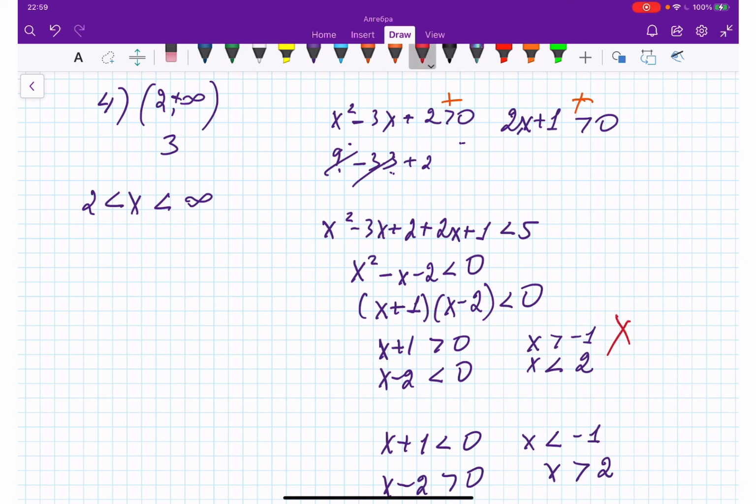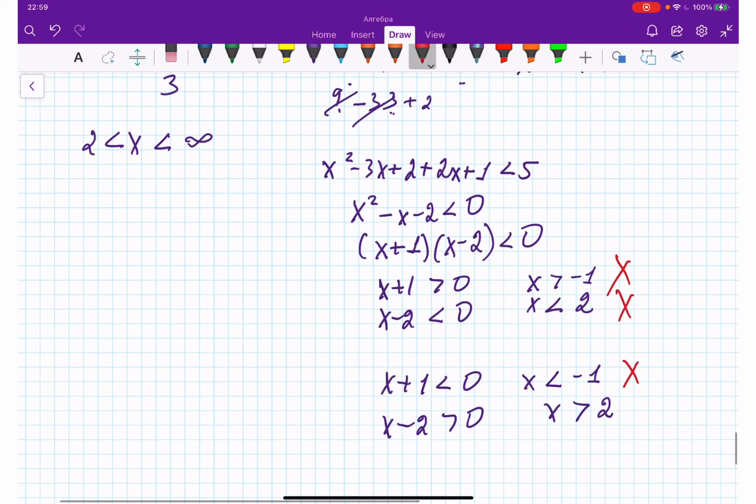Less than 2 is not working. Less than negative 1 is not working. x is greater than 2, this one is working. x greater than 2 is fitting into this condition. Therefore, the answer is going to be between 2 and positive infinity.